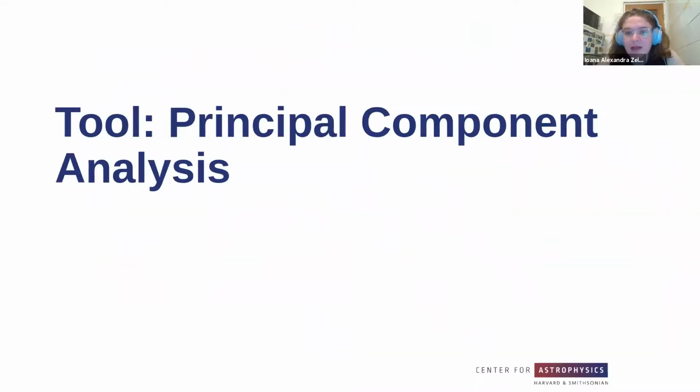I use a tool that is called principal component analysis, which has a nice name, but it's actually a very simple principle.